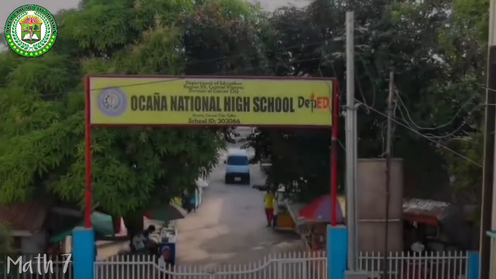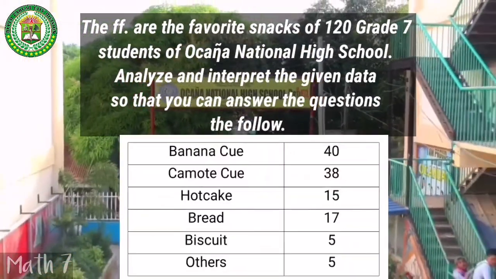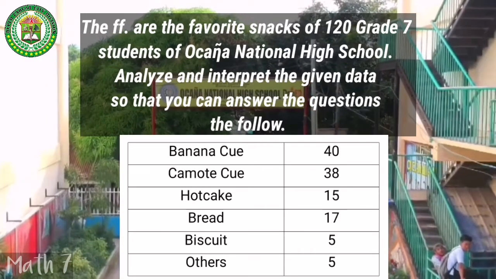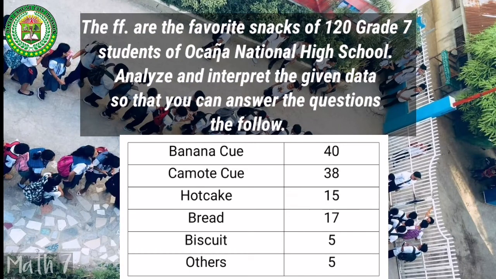Number 2. The following are the favorite snacks of 120 grade 7 students of Ocania National High School. Analyze and interpret the given data so that you can answer the following questions.